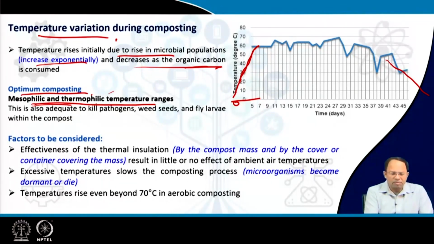So based upon the temperature ranges, mesophilic and thermophilic microorganisms act upon the compost. Particularly at the high-temperature stage, the temperature is adequate to kill pathogens, weed seeds and fly larvae within the compost. That reduces contamination of the compost.